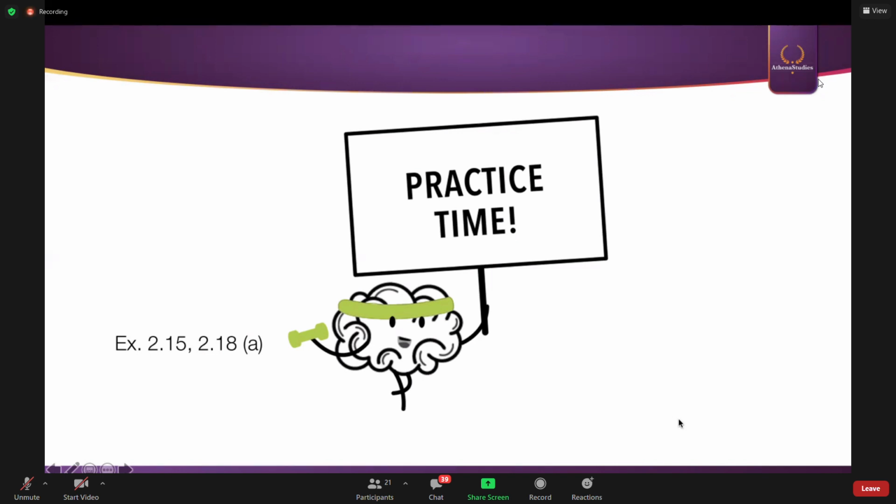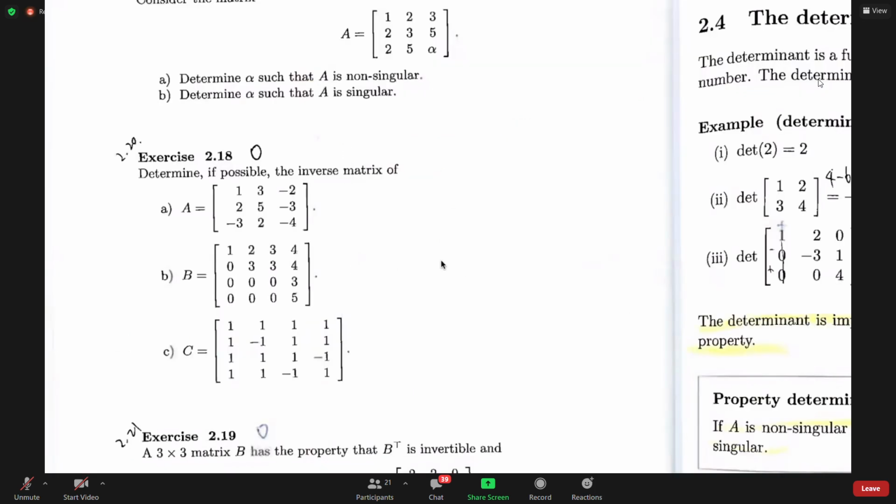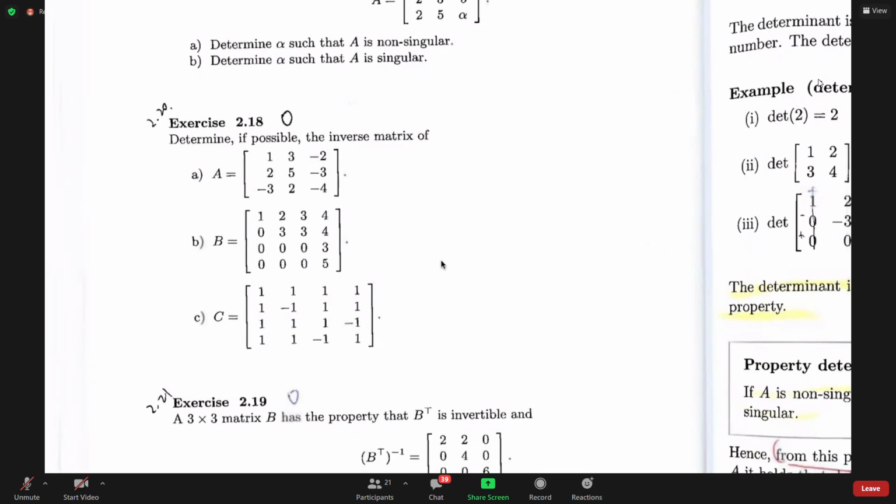It's exercise 2.18, part A. We have to determine, if possible, the inverse matrix of my matrix A, which will be the matrix. I'm going to read the rows: 1, 3, -2, 2, 5, -3, -3, 2, -4. So this is the matrix that we have to try to invert.